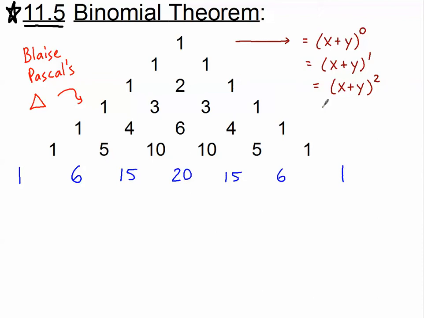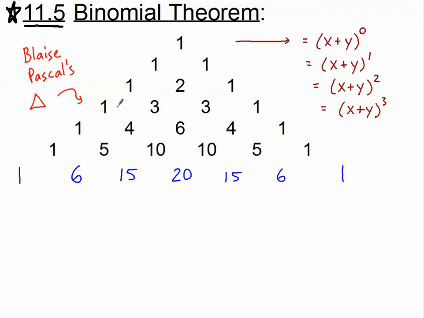So this is pretty cool, and this pattern continues. If we wanted to cube a binomial, we do not need to FOIL 2 times or 3 times. We could look to Blaise Pascal's triangle and see that there are going to be 1, 2, 3, 4 terms, and that the coefficients would go in that order, 1, 3, 3, 1.